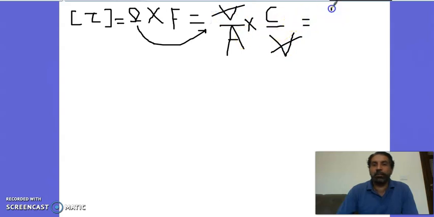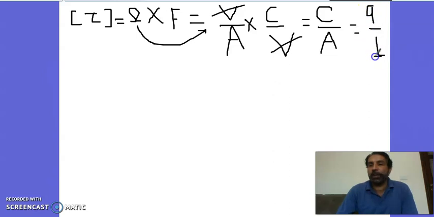You get coulomb over what? Over ampere. But coulomb over ampere, which is the dimension of Q over I, sorry, ampere. Charge over current equal time, which is second. Right? So what is the unit of tau? The unit of tau is second. Okay?